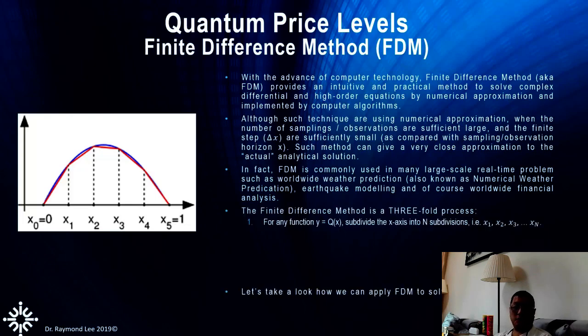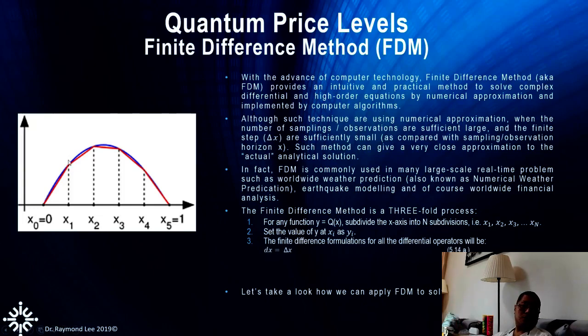So we have two formulas. For a function q(x), we divide it into small pieces, and then set the values as xi, yi. And then the finite differences formulation will be something like this. The dx, of course, will be these small pieces, right?